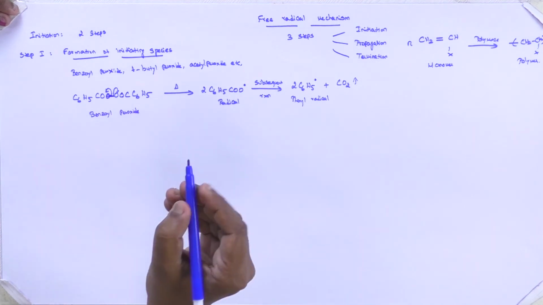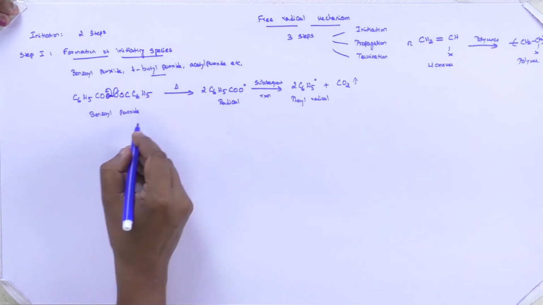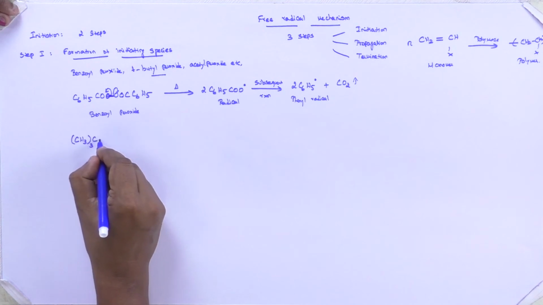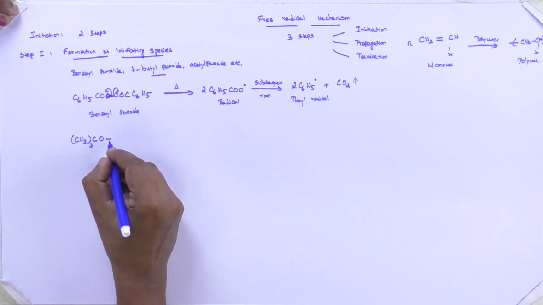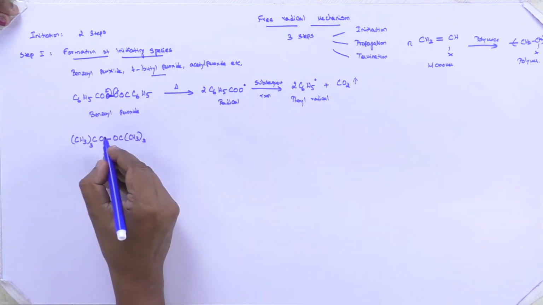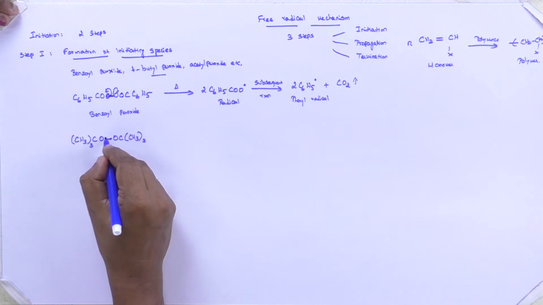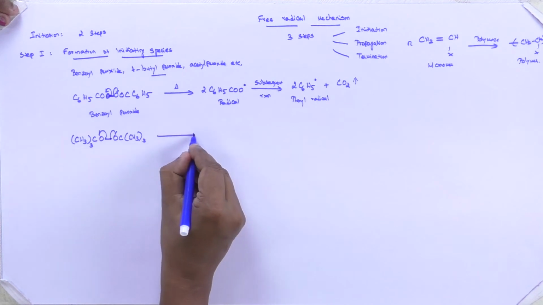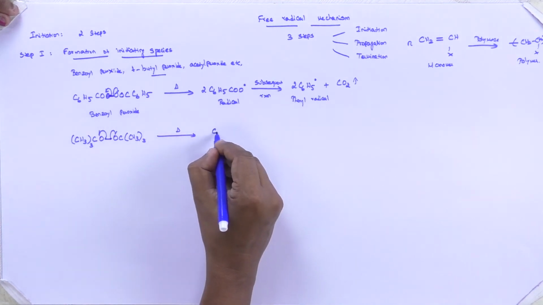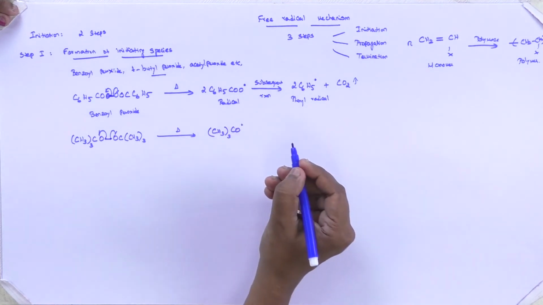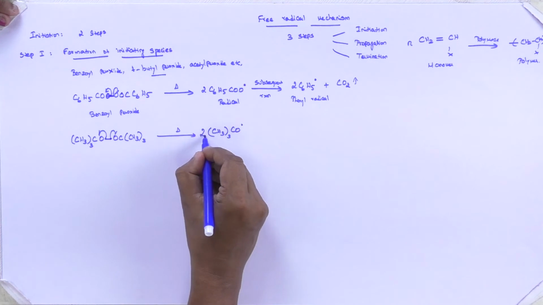Assume you are taking tertiary butyl peroxide. What happens? Tertiary butyl peroxide is (CH3)3CO-OC(CH3)3. On heating, one electron shifts here and the other electron shifts here. So, what do we get? (CH3)3CO dot, and you have two molecules of this.